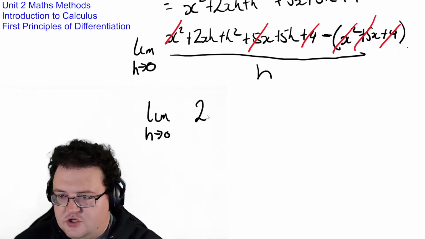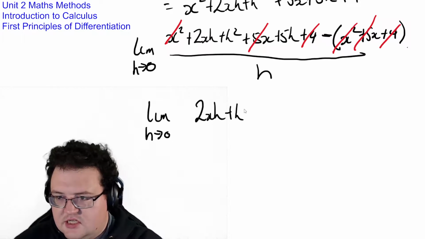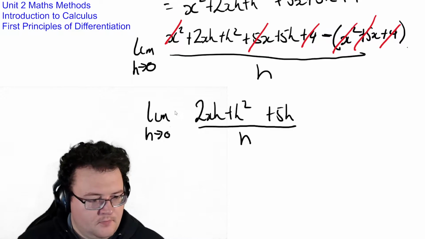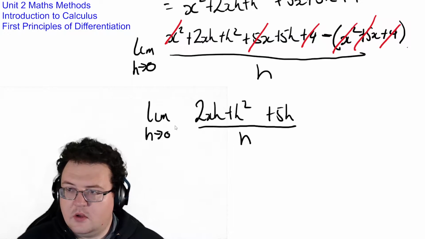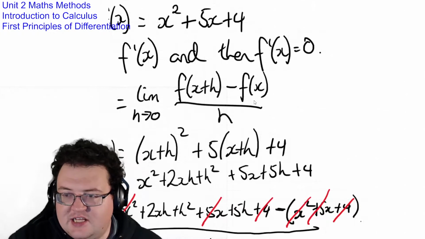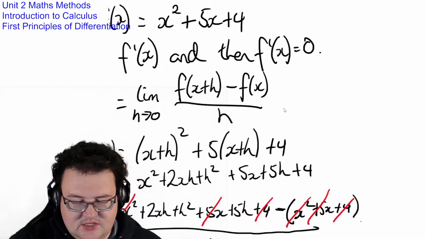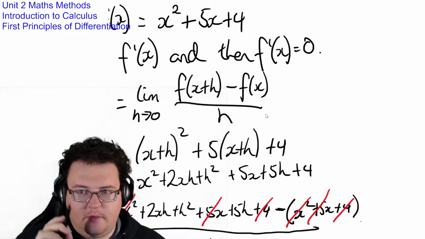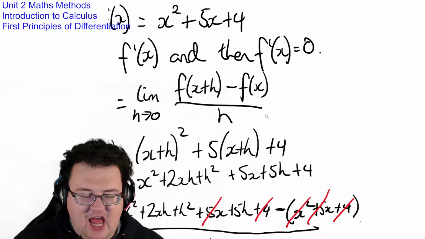So what have I got? I've got 2xh plus h squared plus 5h all over h. Because if you go back up to the original formula, it's minus f of x. All right? It's minus f of x.